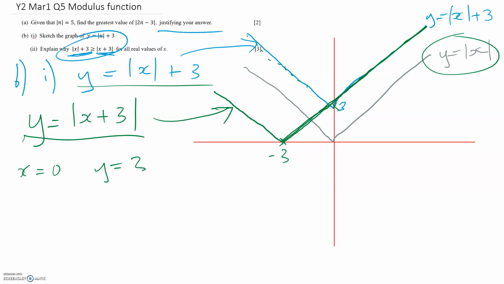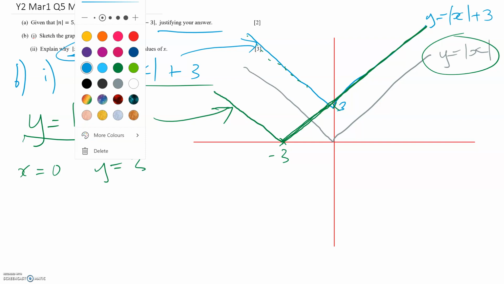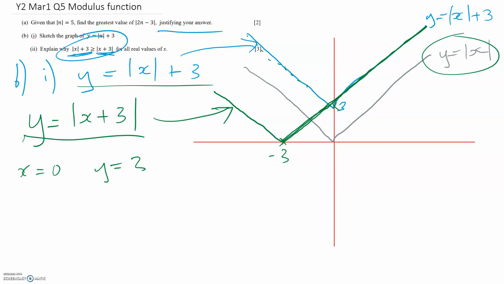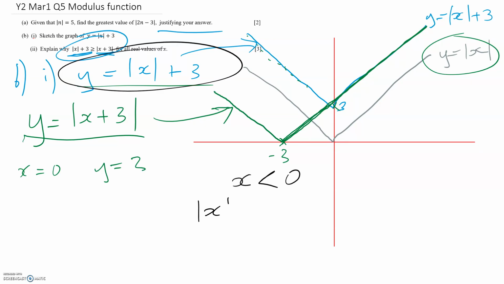Well, you can see from our sketches here that when x is less than 0, let's do this in black, you can see that modulus of x plus 3 is always greater than the other graph, which is modulus of x plus 3, all modulus.